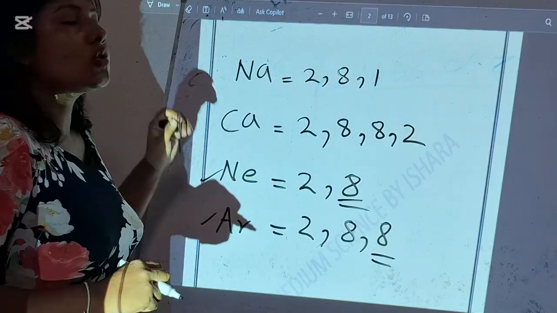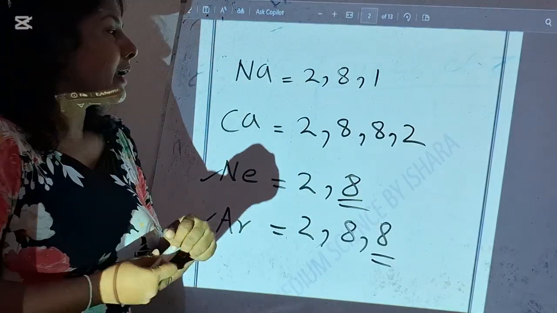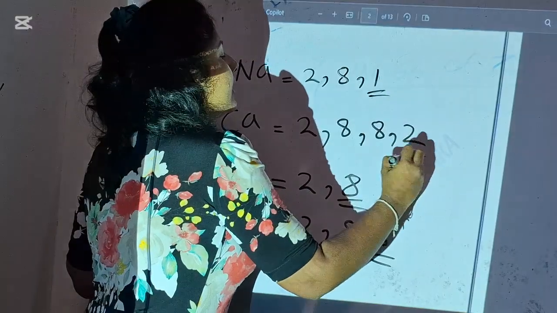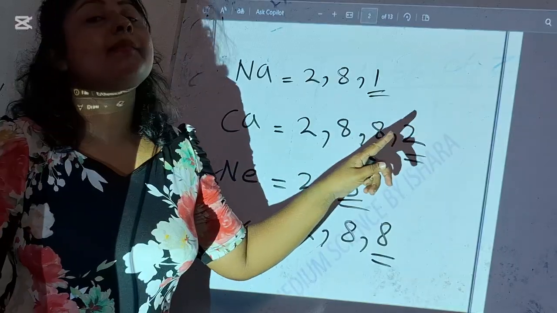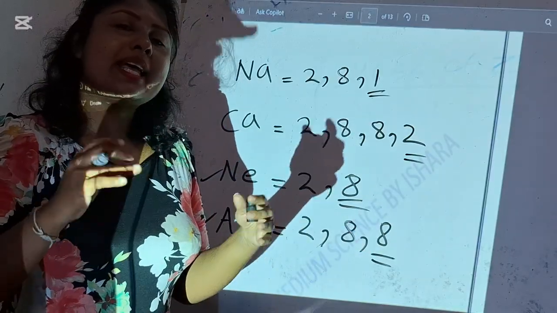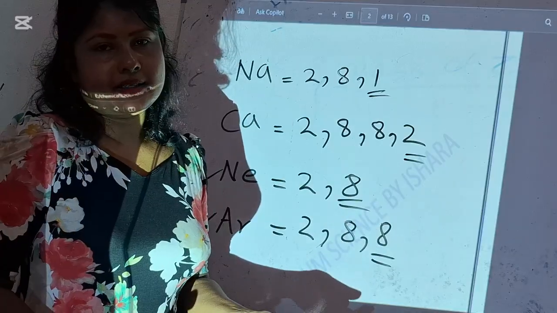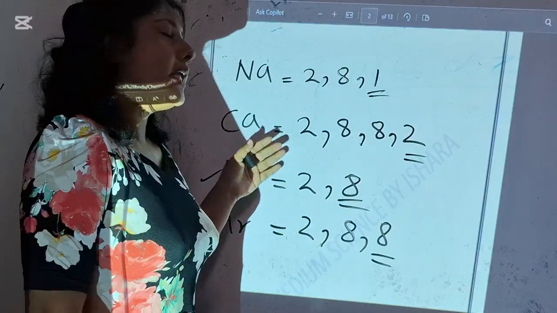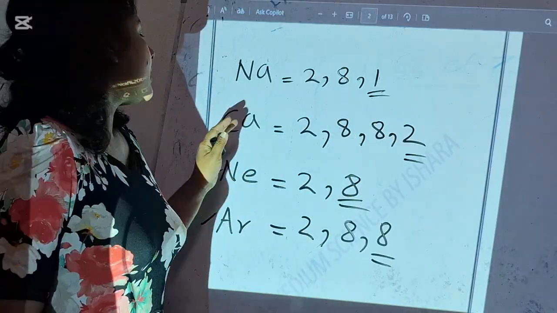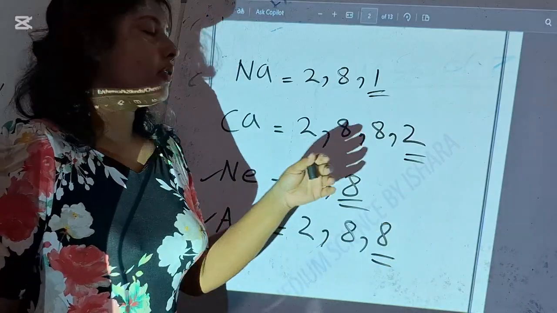But look at sodium and calcium. In the last shell, sodium has 1 electron and calcium has 2 electrons. It means they are not completed with the maximum number of electrons. Sodium needs 8 electrons, and calcium needs 8 electrons in the last shell.